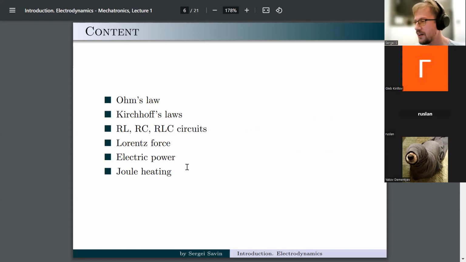So the way I will structure the course overall is we will first think about electricity, electrodynamics. Then after that, we will see the connection between this and what we call filters.